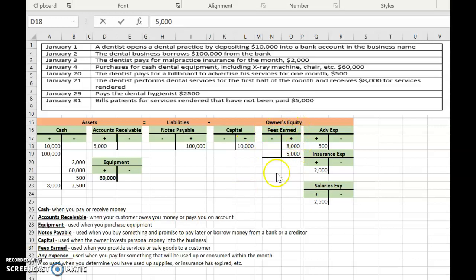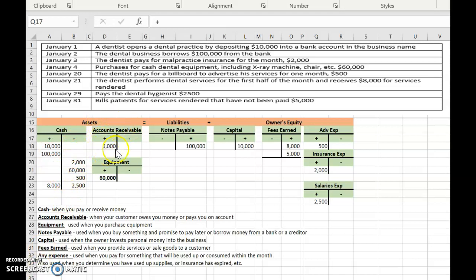And just as a side note, we typically never see our fees earned go down. We expect just to see increases in fees earned. And then we just expect to see increases in expenses as well, so just on the increased side. It is the balance sheet accounts over here that we expect to see go up and down. Cash goes up when you get it, goes down when you pay it.